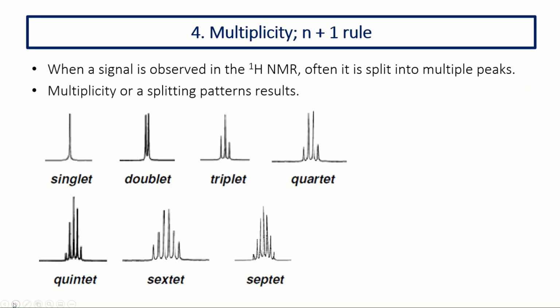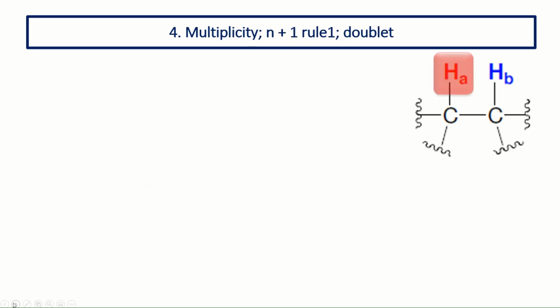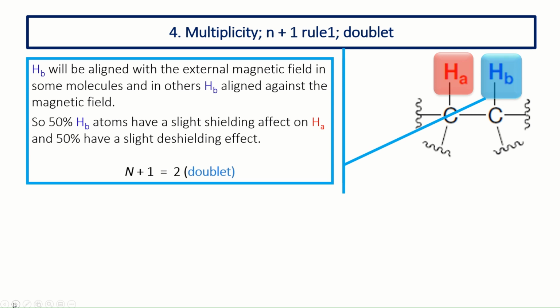So we end up with a varied amount of signal patterns. Let this become familiar to you. So let's have a look. Imagine we have this proton HA, and it's next door to HB.